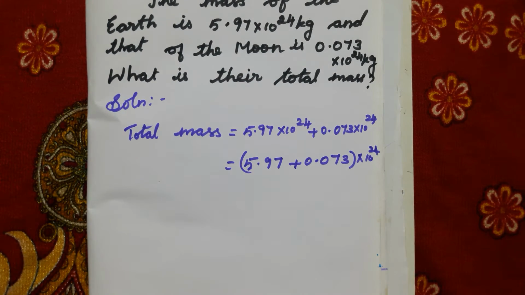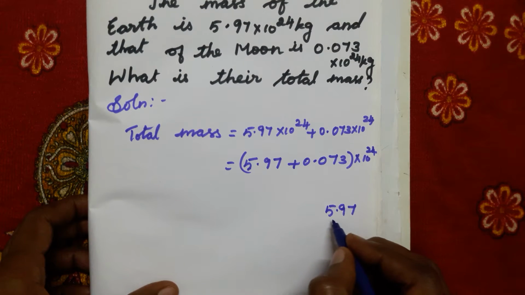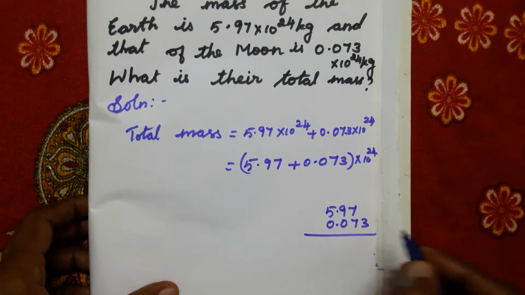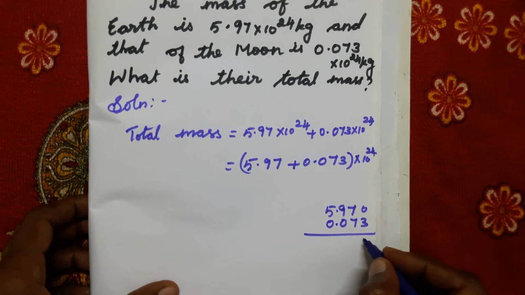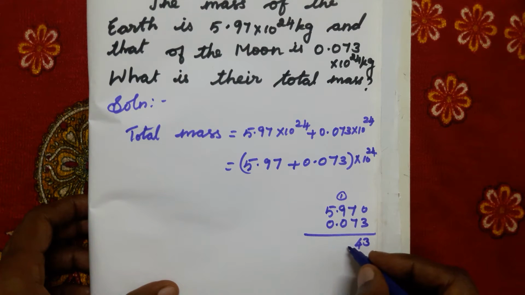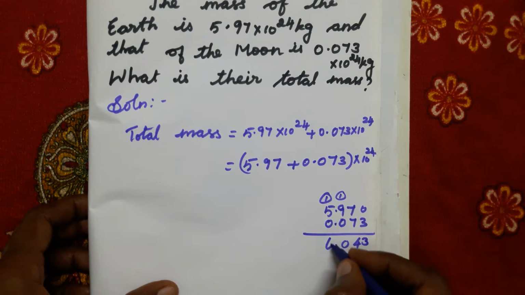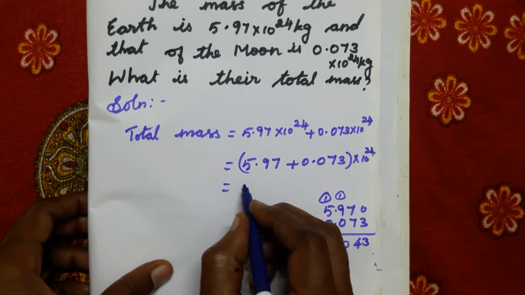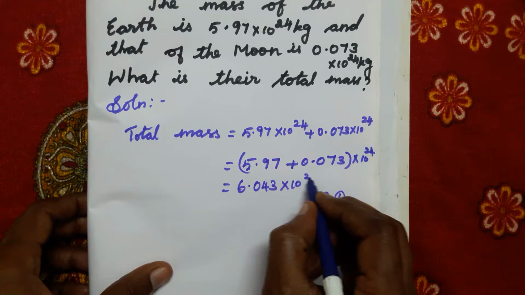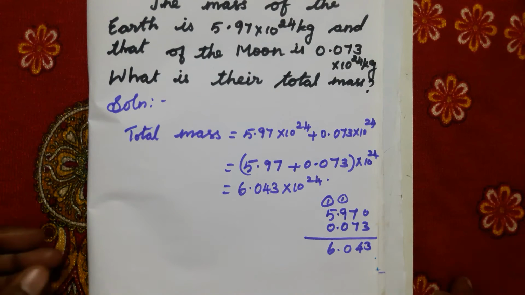When we are adding, what we are getting? 5.97 plus 0.073. Adding: 3, 7 plus 7, 14, 1 balance; 9 plus 1, 10, 1 balance; 5 plus 1, 6. It is equal to 6.043 into 10 power 24. Can you able to understand this? Okay.